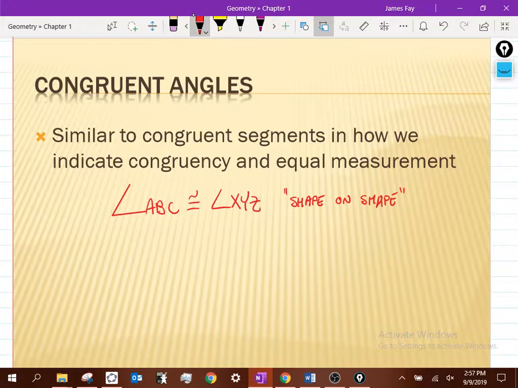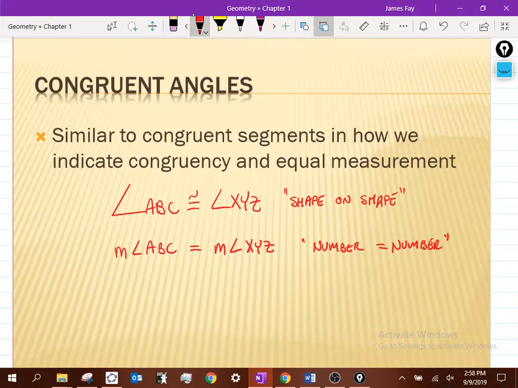Okay, the two shapes are landing on top of each other. They're cut and paste images of one another. If they are congruent, then they do land on top of each other, that means their span or their angle measurement has to be equal. And remember, this means a number equals a number.